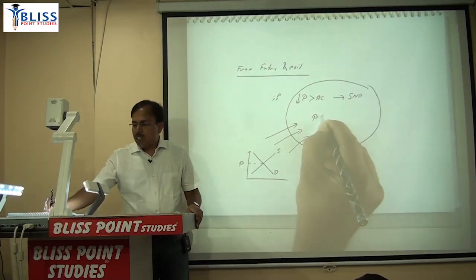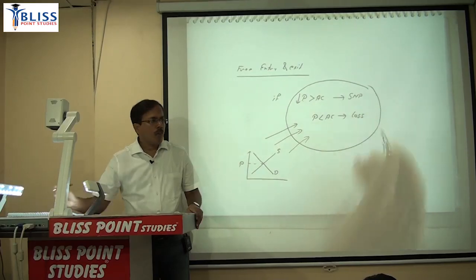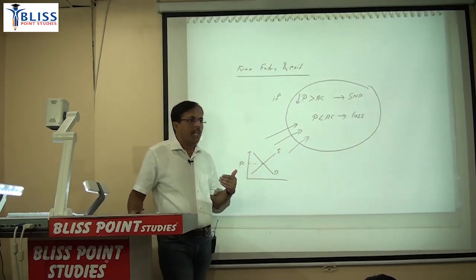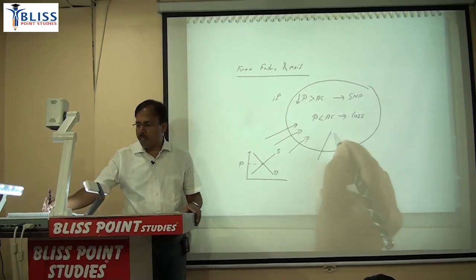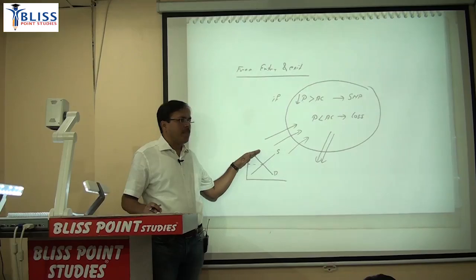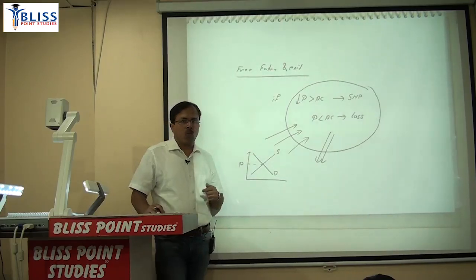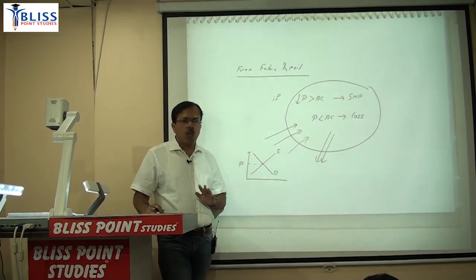And if price is less than average cost, there is a loss, and in loss firms will exit the industry. As firms exit the industry, the supply curve will shift to the left and price will increase. So this entry and exit ensures that in the long run all firms will have only normal profit.